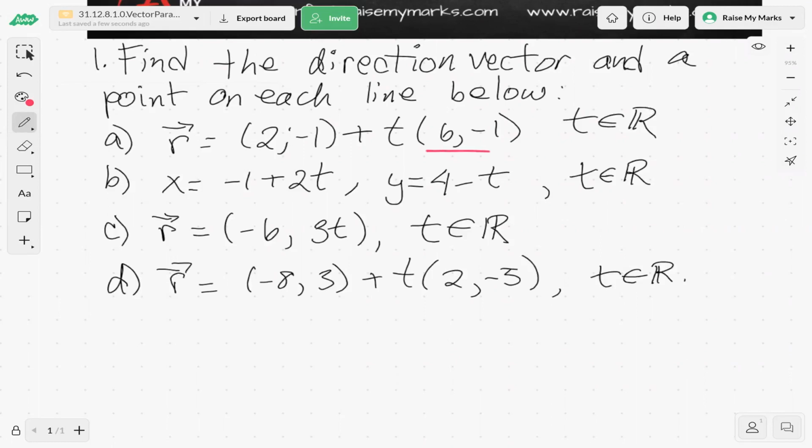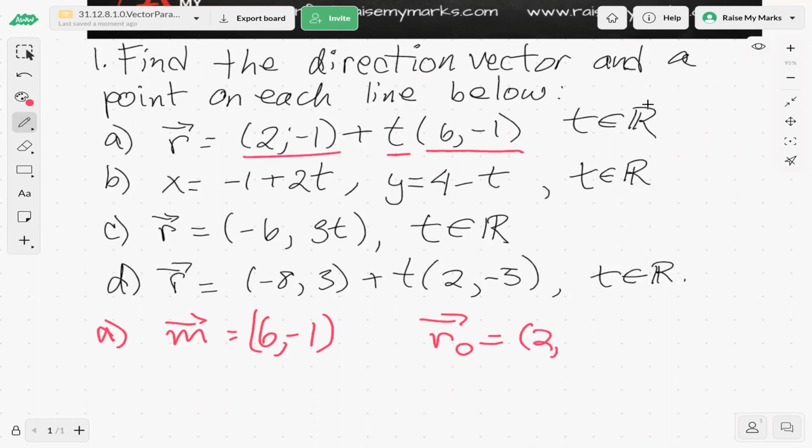And our direction vector is this one right here, M, which is (6, -1). Usually you can recognize the direction vector because it has the parameter, in this case t, multiplied by it. And the point on the line, usually denoted R0, is the other vector, in this case (2, -1). It does not have a parameter multiplied by it.